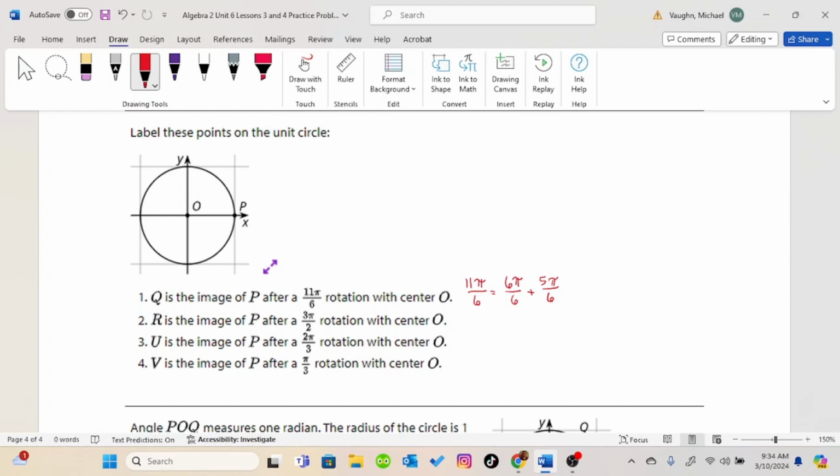So we would rotate a full pi and then another 5/6 of pi, and that would put us right about here in quadrant 4 at point Q.